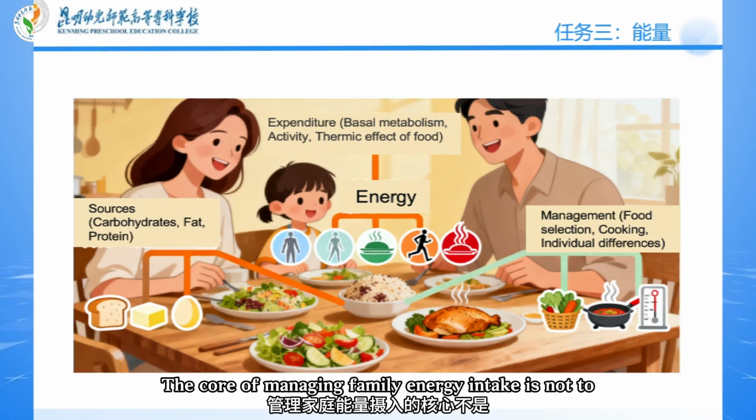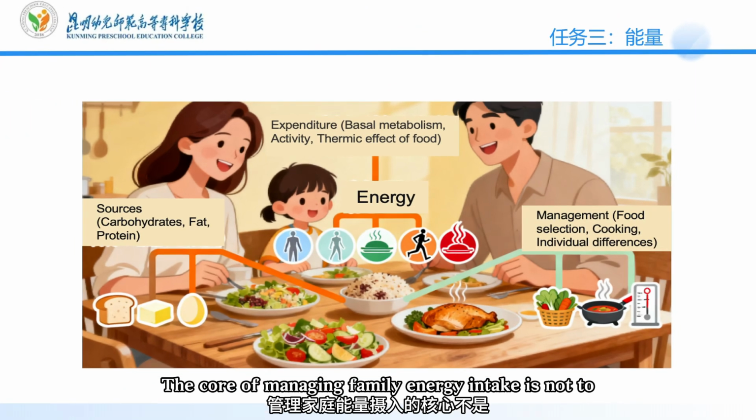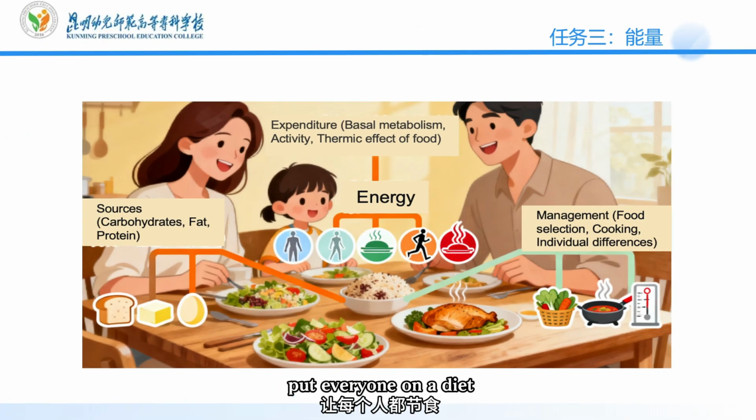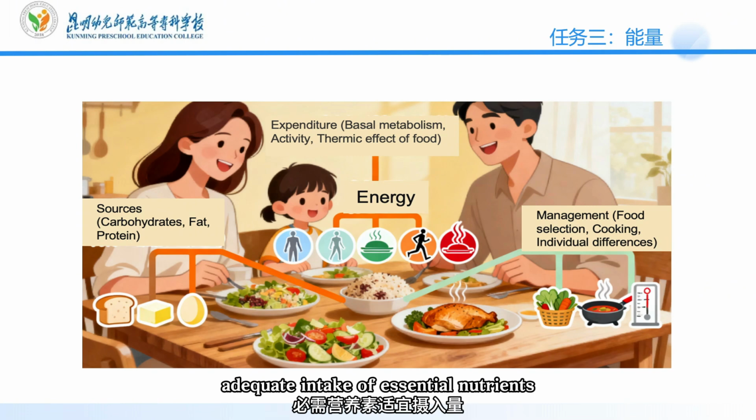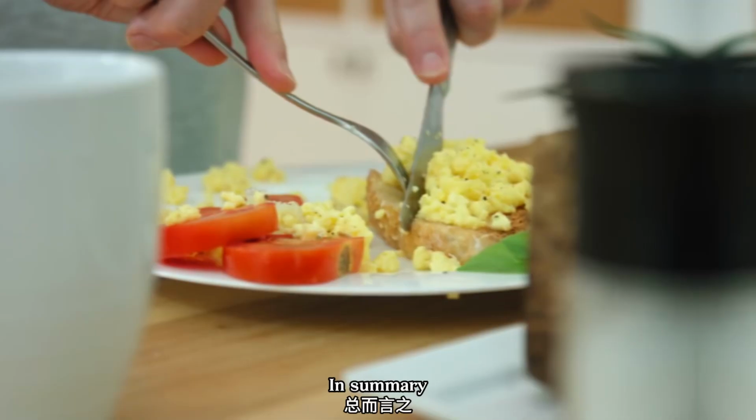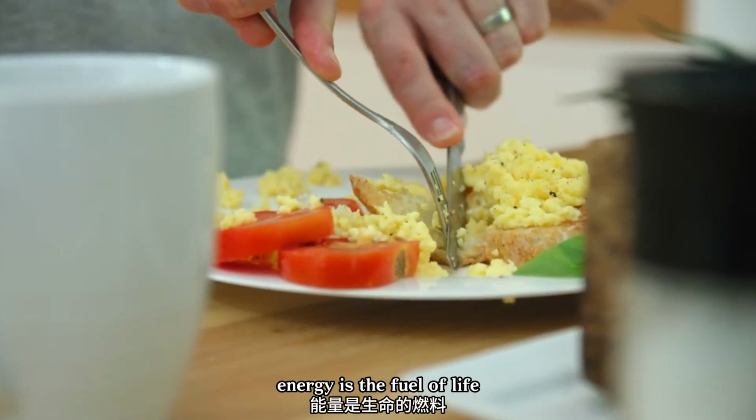The core of managing family energy intake is not to put everyone on a diet, but to avoid unnecessary energy surplus while ensuring adequate intake of essential nutrients. In summary, energy is the fuel of life.